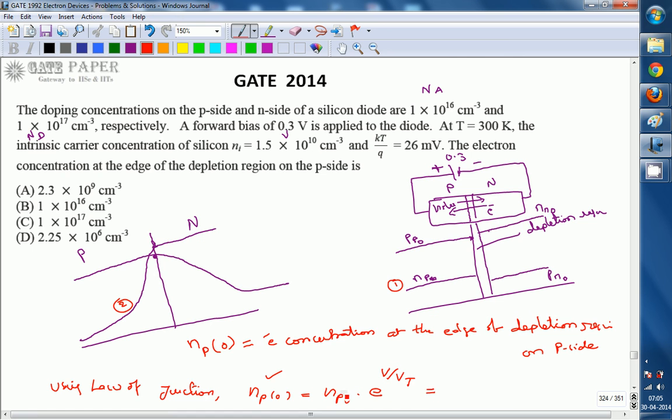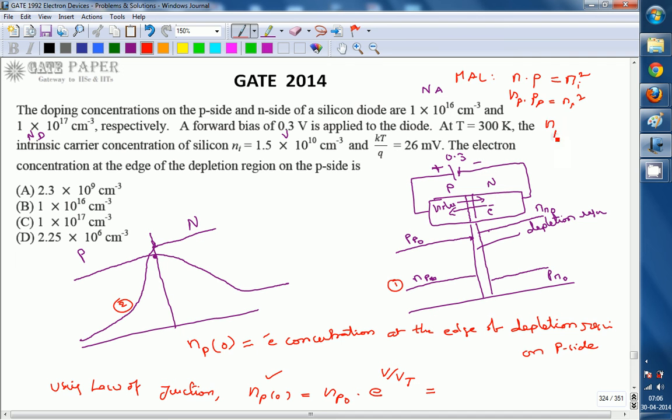Using the mass action law, minority carriers can be calculated by dividing the intrinsic carrier concentration squared by the majority carriers. Mass action law says the product of the positive and negative charge carriers is constant and equal to Ni square. For the P side, NP into PP equals Ni square.